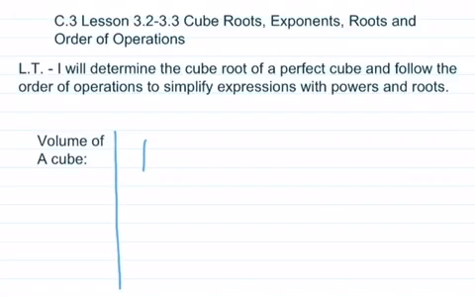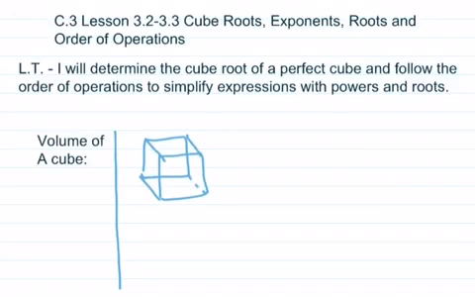So like yesterday, we looked at the area of a square and we found the side length of the square. Today we're going to find the side length or the edge length of a cube. So the concept here for volume is how much space can fill up this three-dimensional perfect cube.